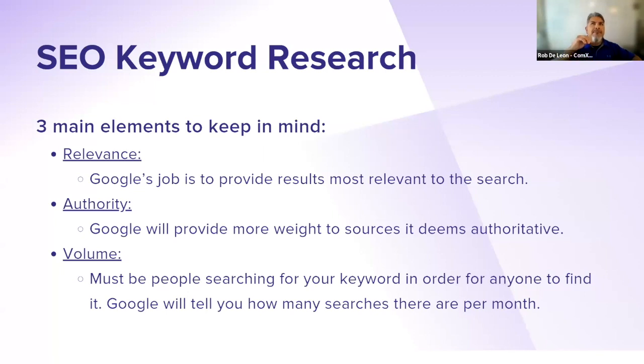And what that means is if your content matches the keyword that somebody is searching and Google trusts your website, Google trusts everything about it, then you're considered an authority, right? So that's how our website shows up in the search results, because it's authoritative. So we need to keep all this in mind when we're doing our keyword research.